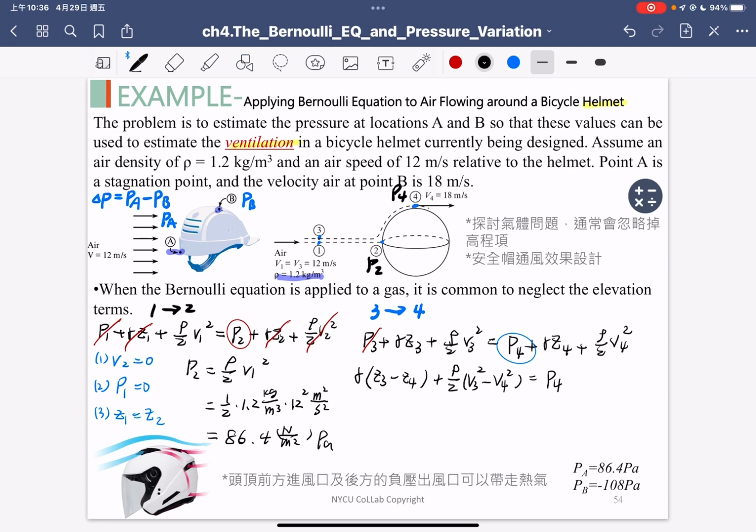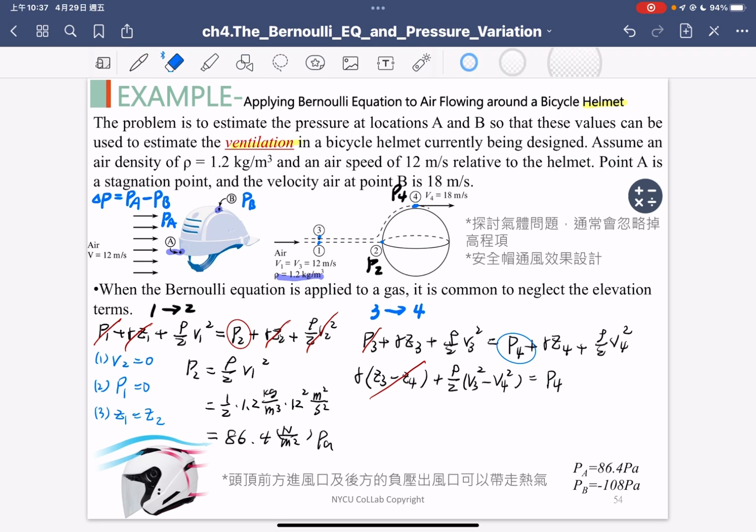And then in here, because we only have the 1.2 air density, and because the exercise didn't tell us the height difference between point 3 and point 4, we assume the elevation difference is quite small. It will influence the pressure, but its influence is quite small.